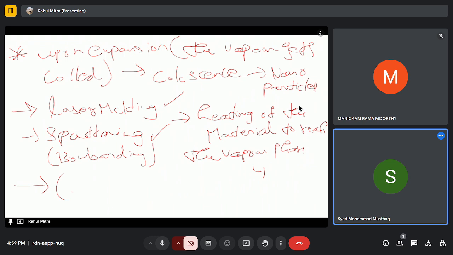So if we control the process parameters, we can control the coalescence.